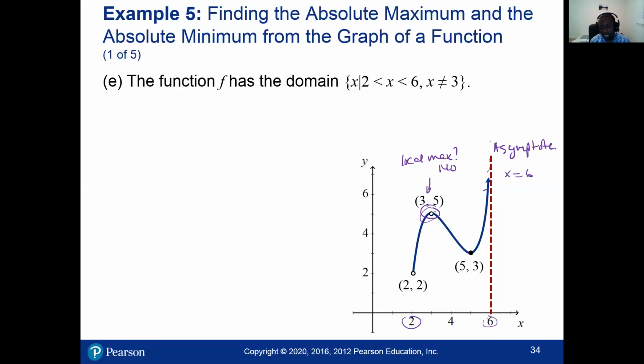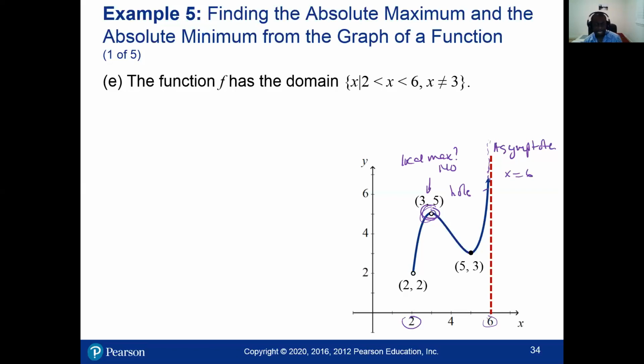Because there's a hole. Because of the hole, the function value doesn't exist, basically. Technically, we shouldn't even write 3 and 5, because the function value at 3 does not exist. So it has no local maximum. It has no absolute maximum, because the function keeps going up and we don't know its highest value.